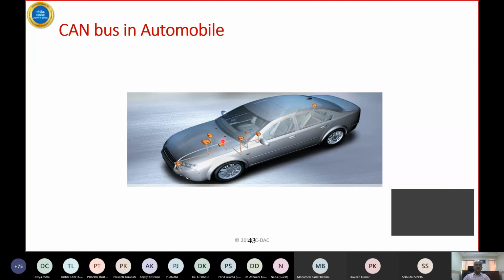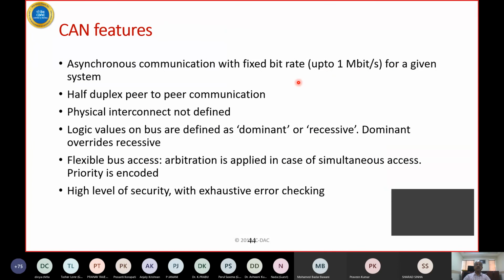If the model changes, you may have the data rate running at 2 Mbps maybe, or 500 kbps, because it is confined to this kind of model. Okay, so that is very important, that for a given system you implement it. Let's say you implement it for an elevator, then for that elevator of 10th floor, it is fixed or it is implemented for that situation.